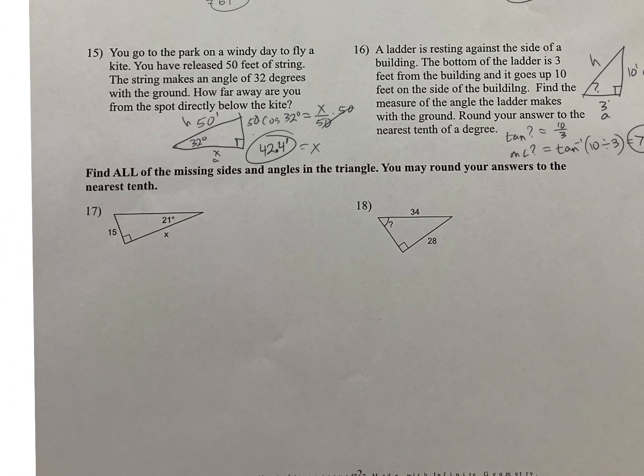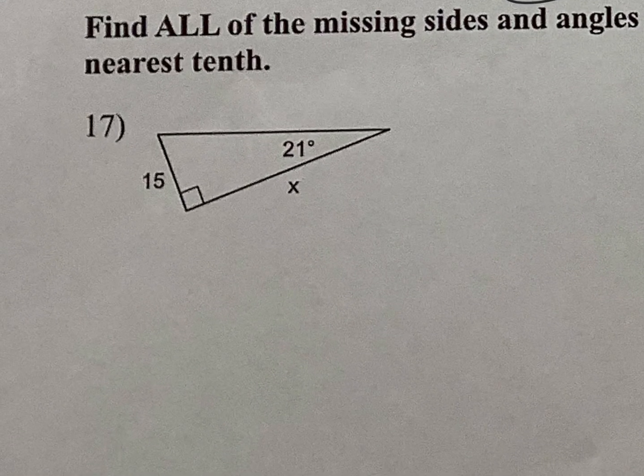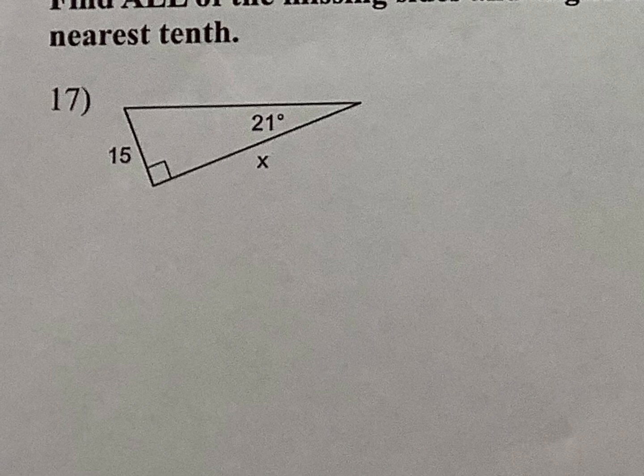Usually it shows you what you've been doing in that section. So find all the missing sides and angles of everything. So the last two are what we've been working on. So what's first? That's the corner. We have the opposite side and the adjacent side. So we're going to start with tangent of 21 is equal to the opposite leg over the adjacent leg.